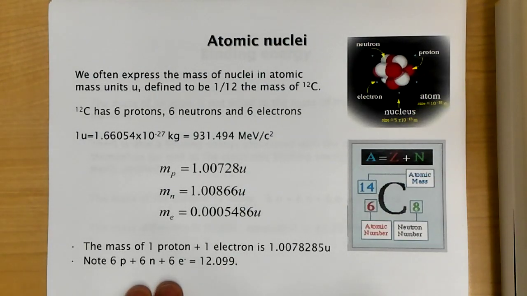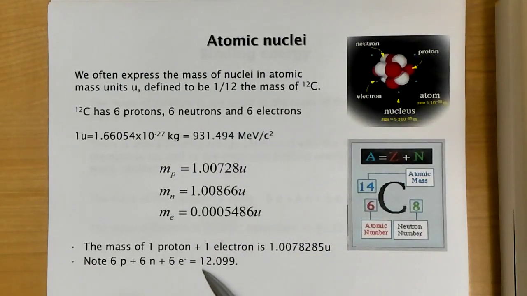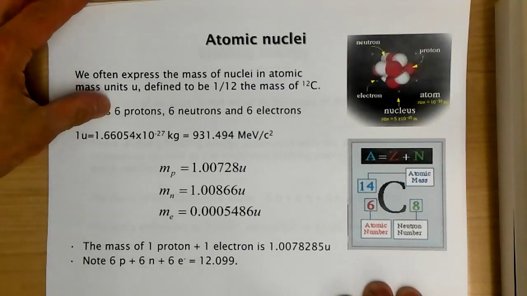Now, it's worth noting that if I add up 6 protons, 6 neutrons, and 6 electrons, I don't get 12, as you might expect. I actually end up with 12.099. Okay. So why don't I end up with 12? What's the difference? Well, the difference is in the binding energy.